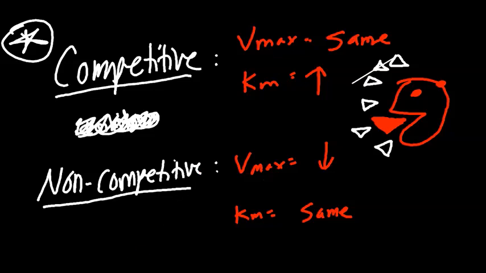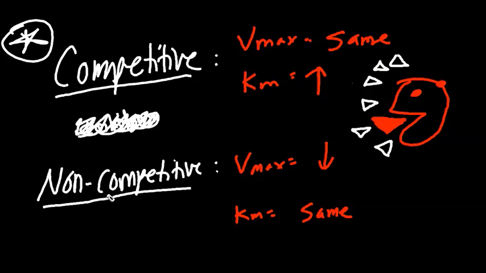If we have a solution that has 1,000,000 normal substrates, and in that we put one inhibitor, it's like a 1,000,000 to 1 ratio, this Pac-Man will find a normal substrate 1,000,000 times to 1. So it'll typically find a normal substrate, which means it can convert it to product, and the Vmax will be the same. I mean, it'll be 1,000,000th slower. However, the Vmax will approximately be the same.